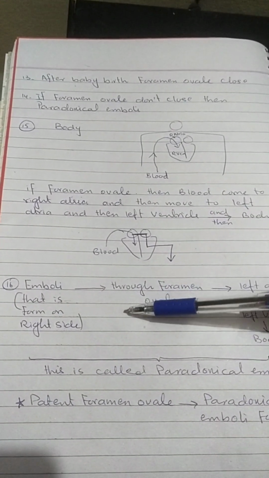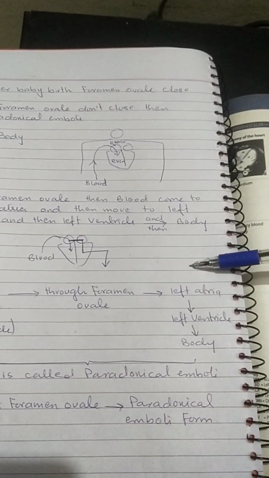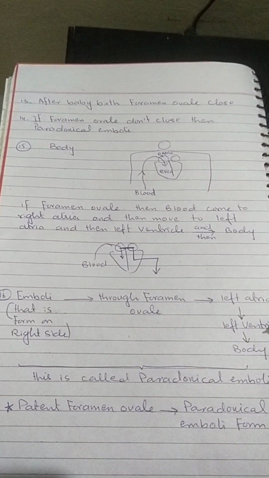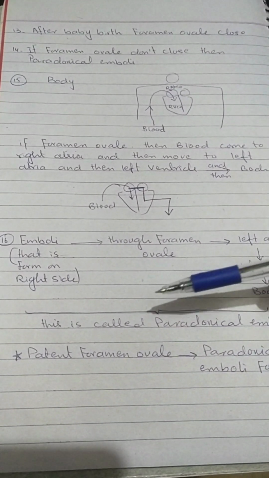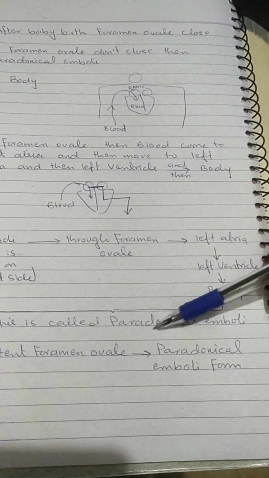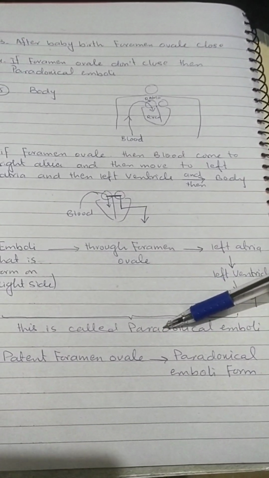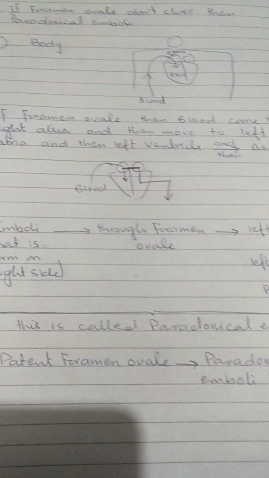The emboli that are on the right side move through the foramen ovale toward the left atrium, left ventricle, and to the body. So with a patent foramen ovale, paradoxical emboli form. If the foramen ovale is not closed, then paradoxical emboli will be formed.